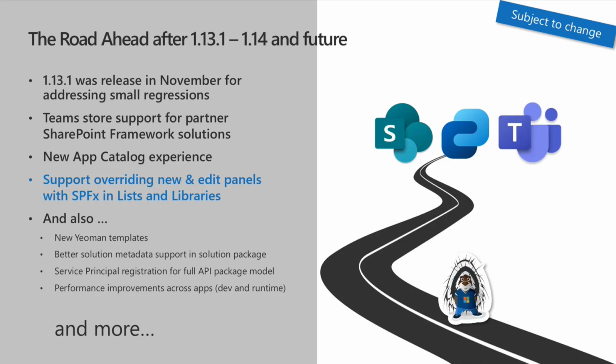And this is the typical roadmap slide. I updated this with one additional item which has been requested quite a few times, which is to be able to override the new and edit panel or experience in a list or a library. So this is now something which we're actively looking into. Step number one will be that you will be overriding those panels, not the whole list experience.